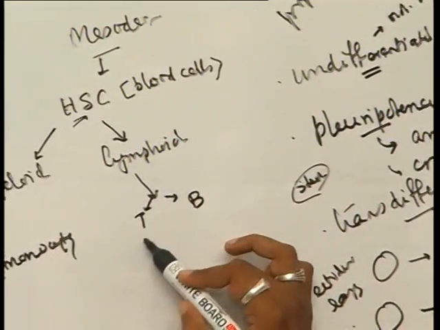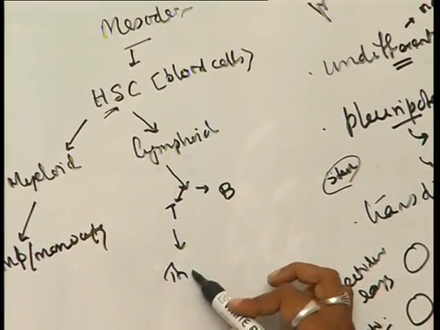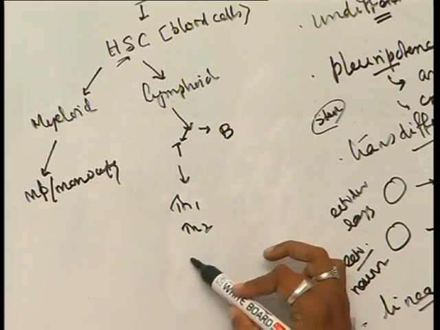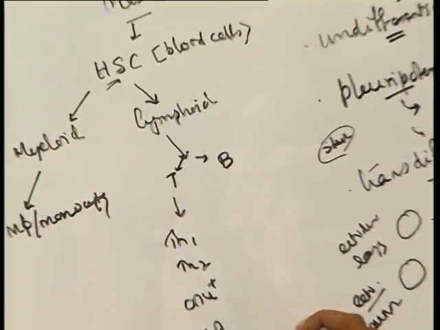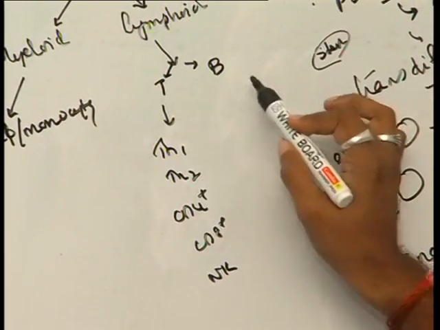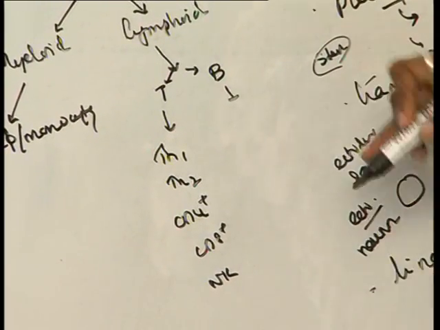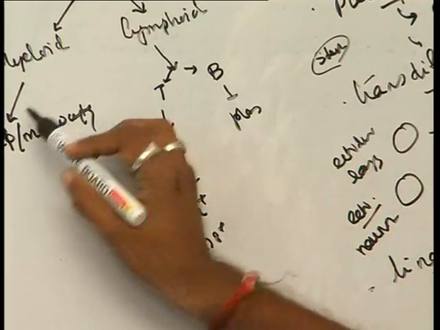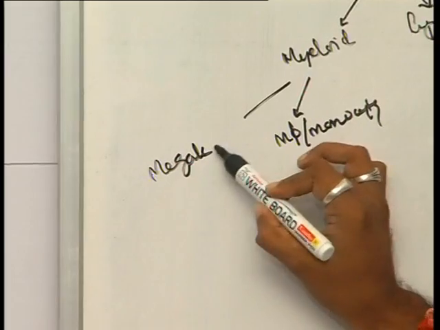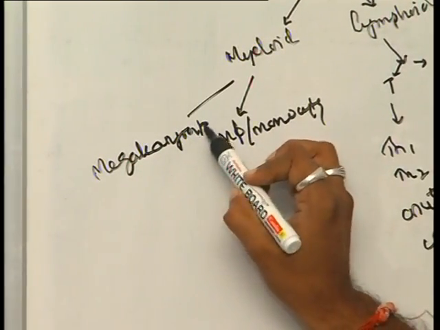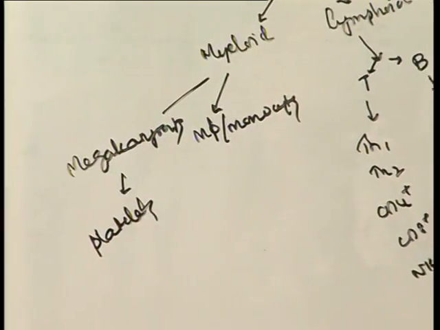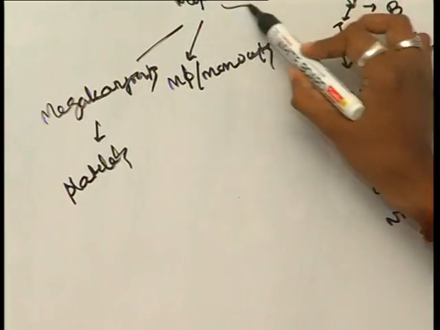T cells further divide into Th1 cells, Th2 cells, and further divisions, or CD4 positive cells, CD8 positive cells, NK cells, and like this. B cells of course form other things like plasma cells. And from monocytes, you have megakaryocytes, which become platelets, and also myeloid granulocytes.